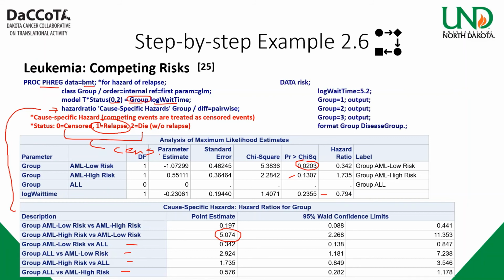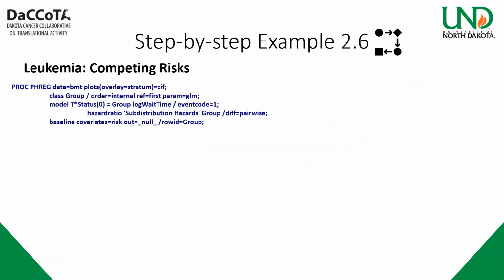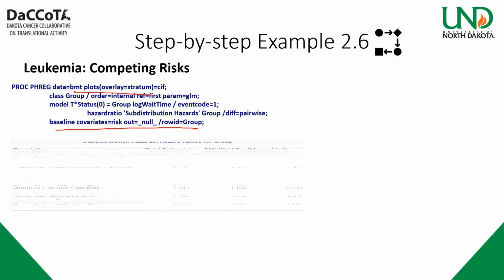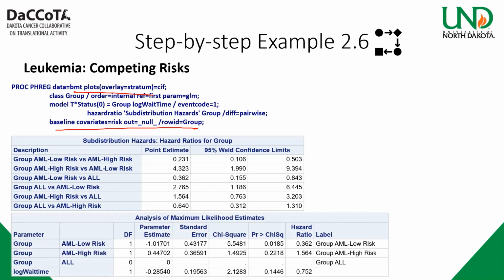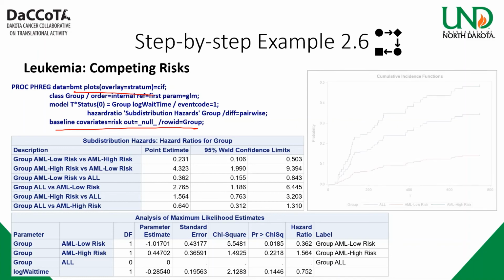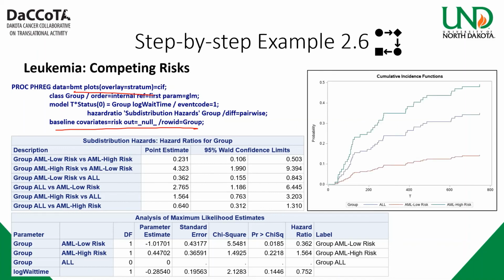So let's create this data called risk. We'll do PROC PHREG, and we'll have this baseline term now, and we'll have specific plots. What this gives us here is, again, this subdistribution risk. So this is, again, those comparisons and maximum likelihood for just those who had relapse.